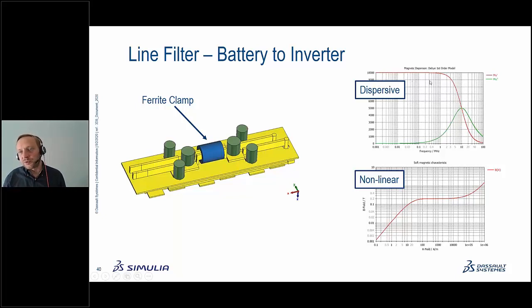That's what we mean by dispersive. In this example, you see at around 10 megahertz, which is a pretty fast ferrite, the permeability is basically halved between a mu static and a mu infinite. That's happening at 10 megahertz.